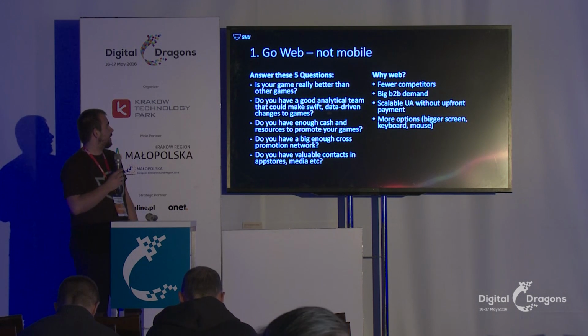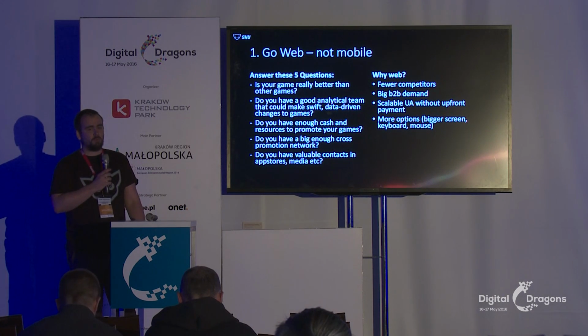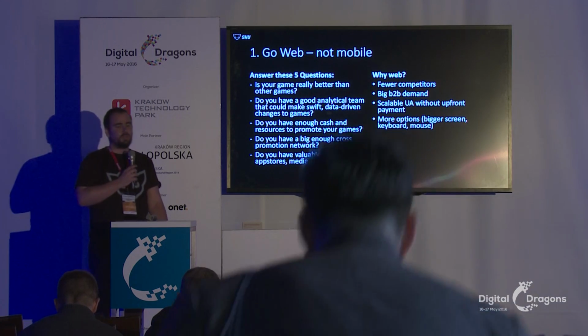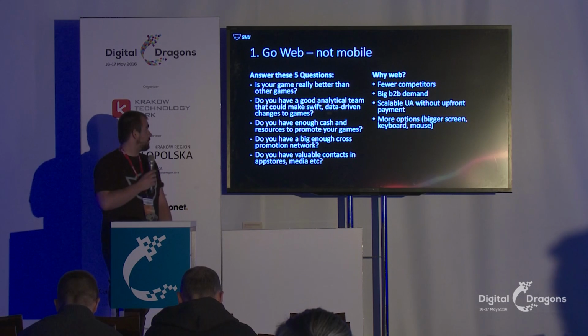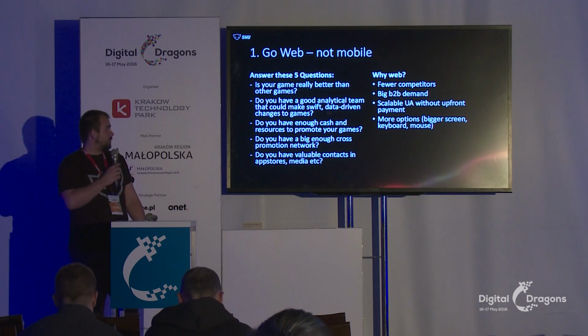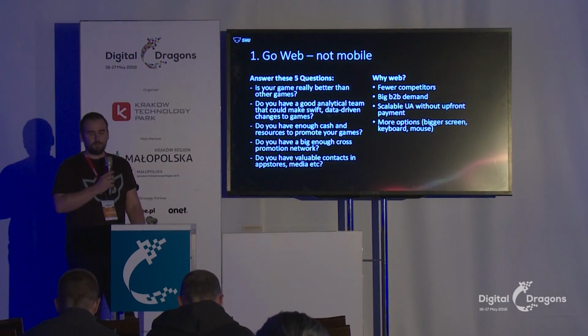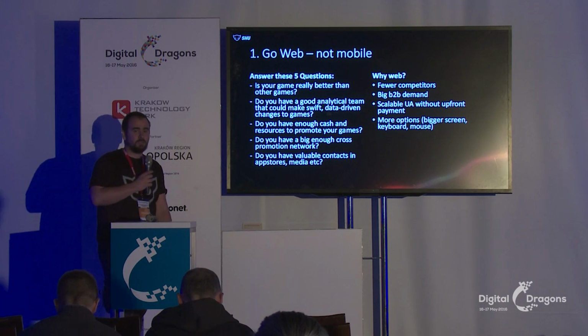About 2 years ago, working with data and adjusting your game accordingly was a competitive advantage. But right now it is mostly a must-have just to operate on this market. Third, do you have enough cash and resources to promote your game? As you probably know, on mobile you could pay up to $10 per installation on tier 1 markets.